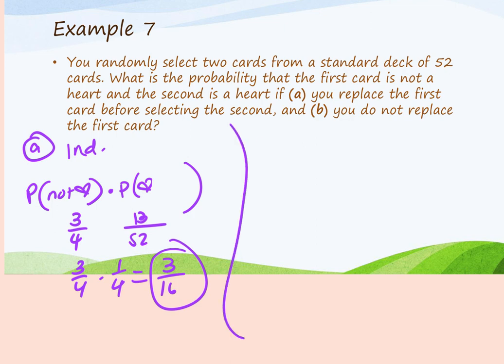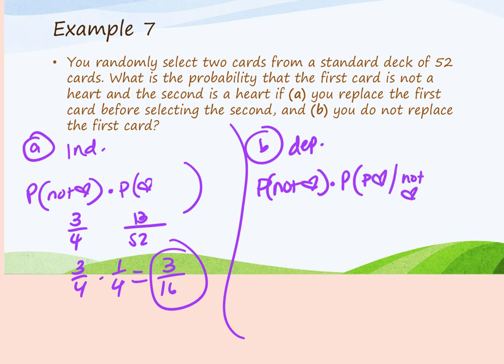Yep. Okay, now if you did not replace the card, it is now dependent. So I want the probability it's not a heart, and then the probability that it's a heart, given you pulled a not heart the first time. So same for the first one. Probability it's not a heart is 3/4, or 39 out of 52. 52 minus 13, 39.